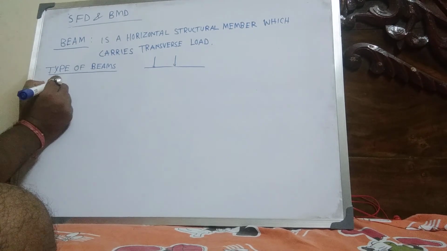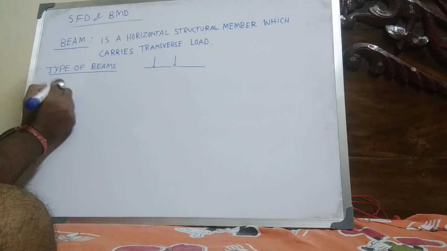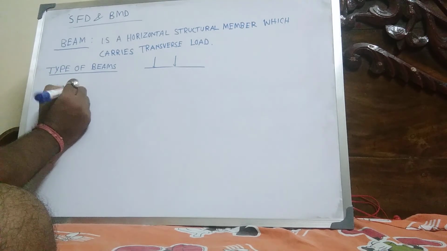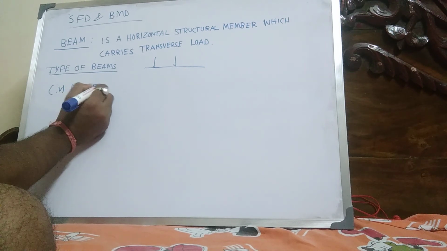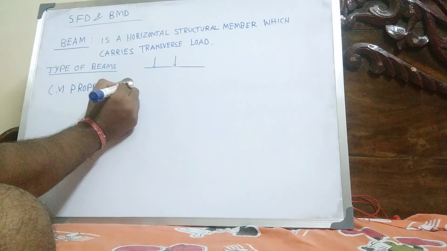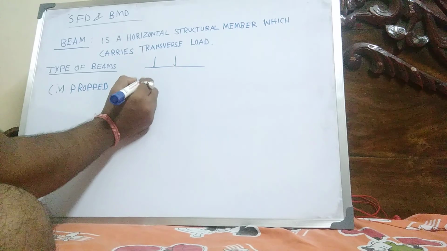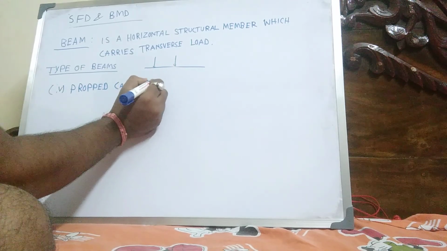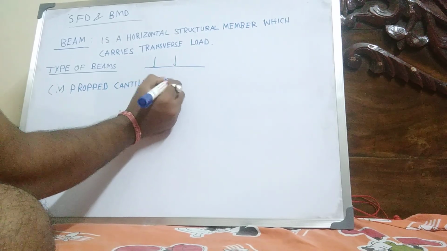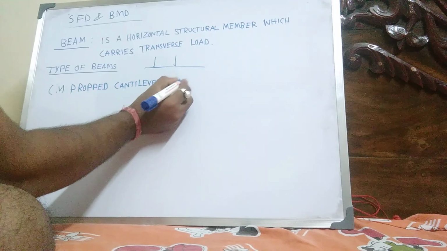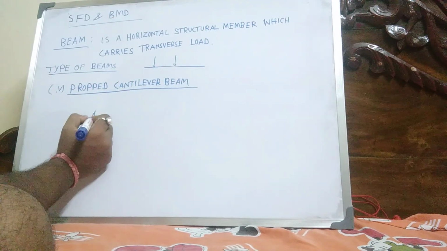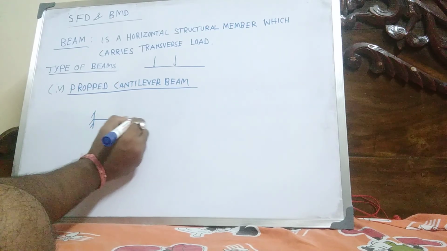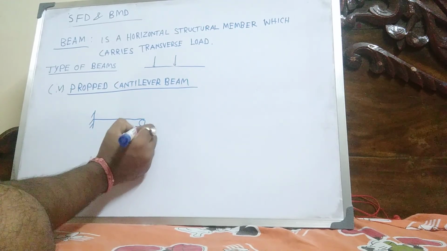Last one is the 5th, propped cantilever beam: a beam whose one end is fixed and the other end is roller support.